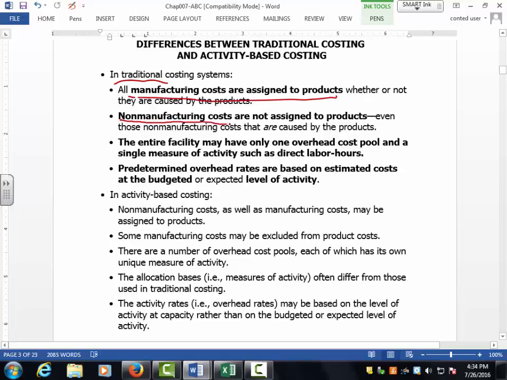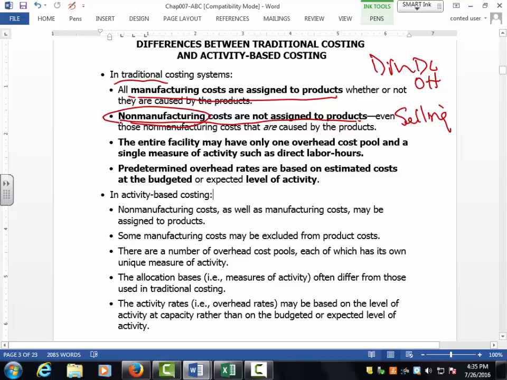The non-manufacturing costs don't. So direct materials, direct labor, and overhead are our product cost. Our non-product costs or our period costs would be things like selling and administrative. If it's not part of making the product, then it goes to the period costs or the non-manufacturing.